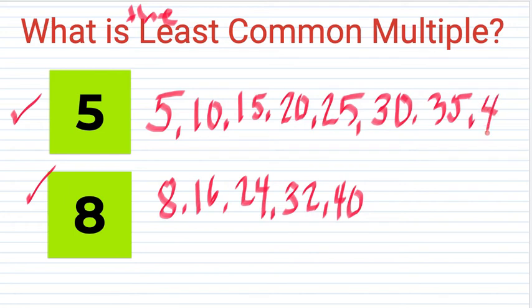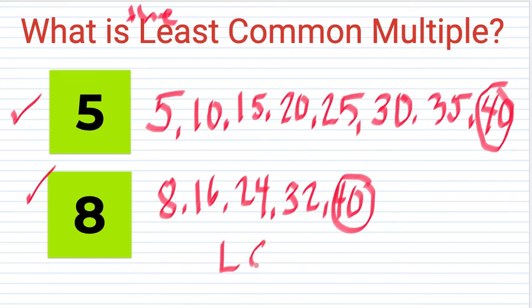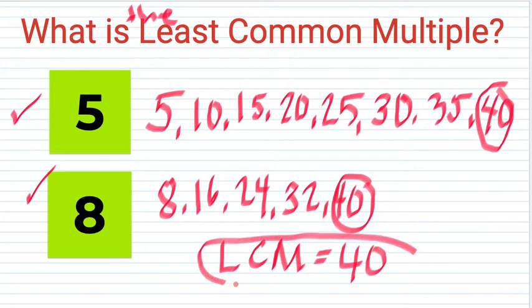I need to stop because I can now see a common number, and that number is 40. So we can say that the LCM of 5 and 8 is 40. Yes, the answer is 40.